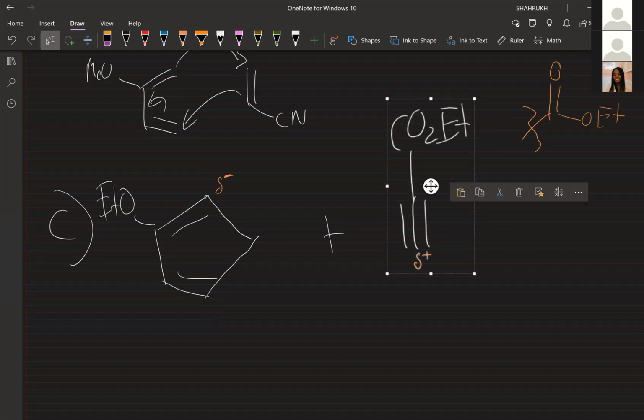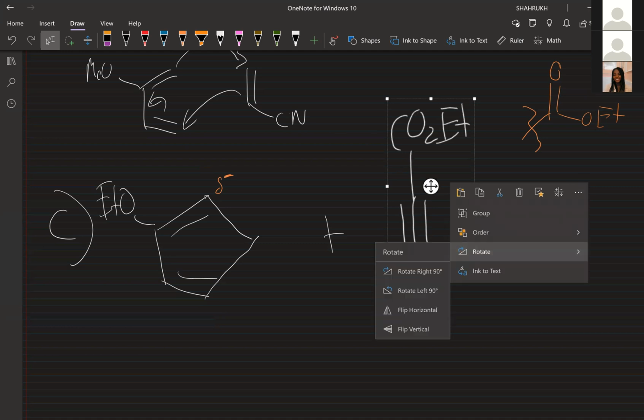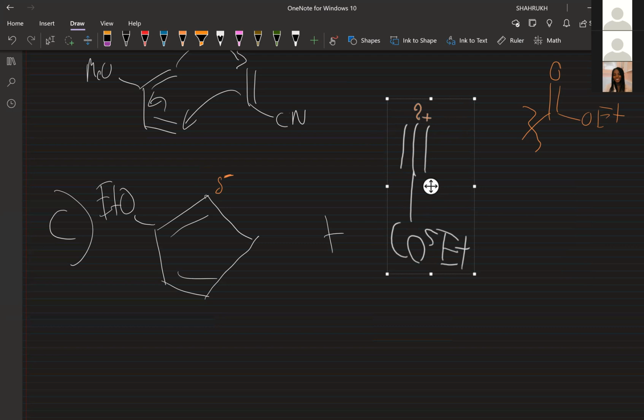It's probably not gonna flip properly because of the text. Yeah, it's not too bad, I guess. Surprisingly, that ETO still came out fine. CO2Et, right?